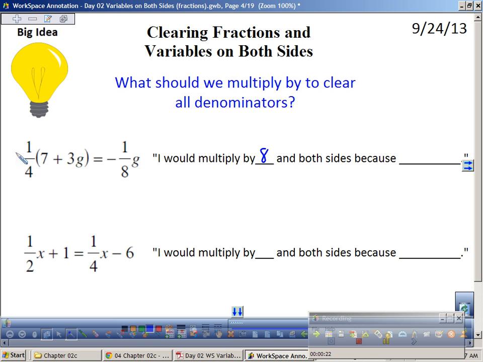Good. I would multiply by 8 on both sides to clear that fraction. Excellent. We're going to do this together. How about Dylan? What about this one?